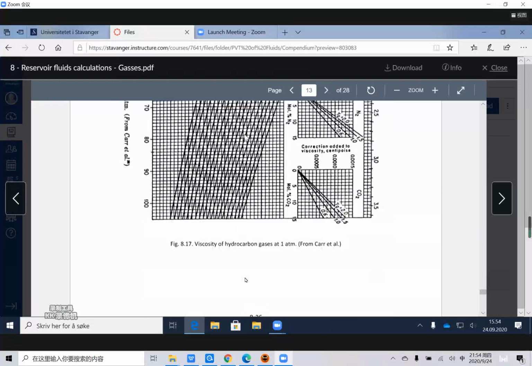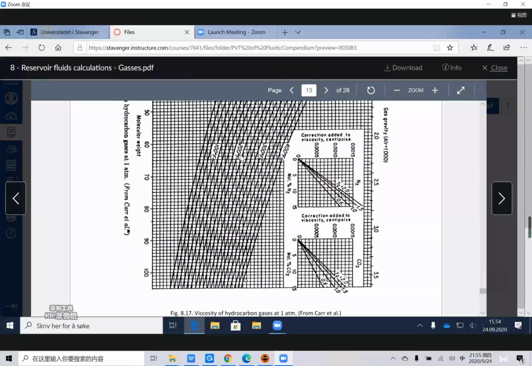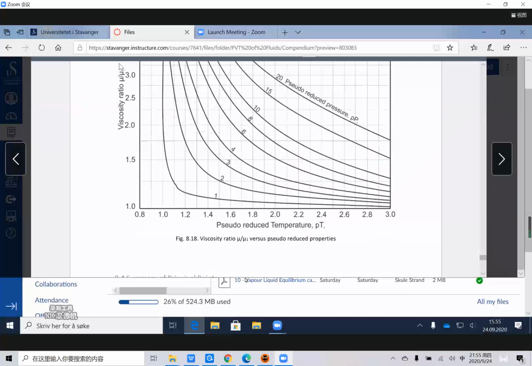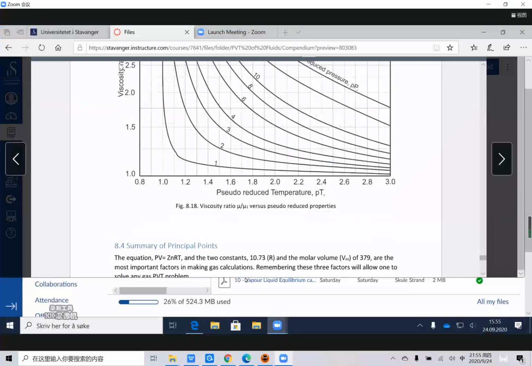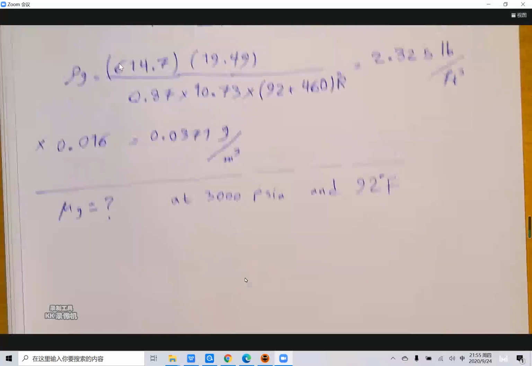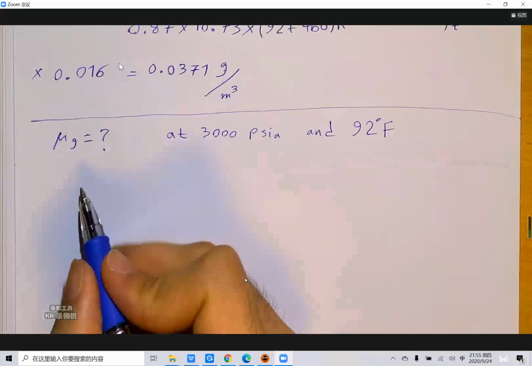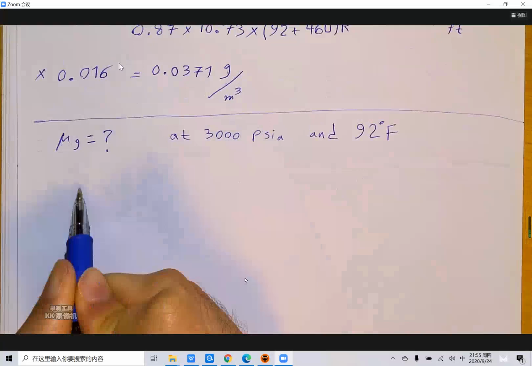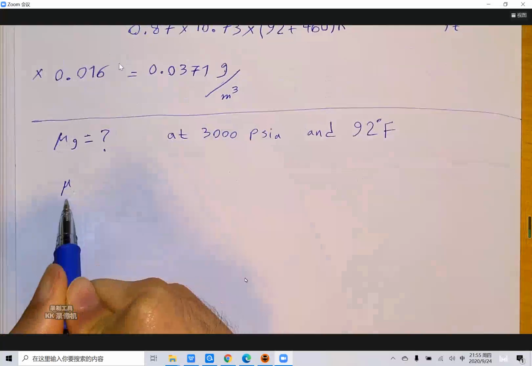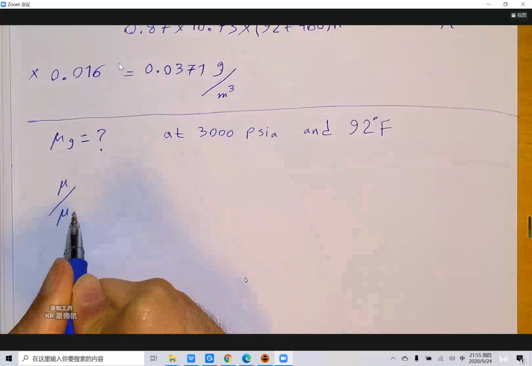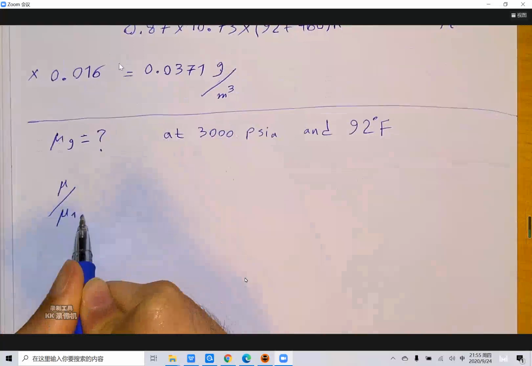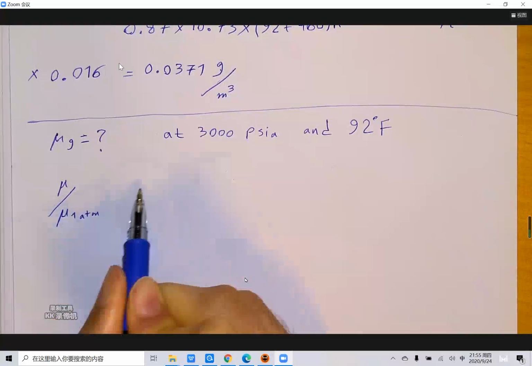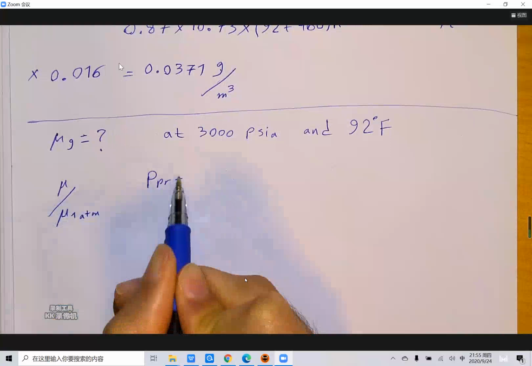Figures 8.17 and 8.18. In the figure that gives us the ratio of the viscosity over the viscosity at 1 atmosphere, you need to find the pseudo-reduced pressure and the pseudo-reduced temperature.